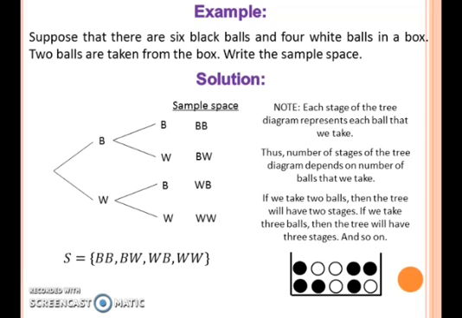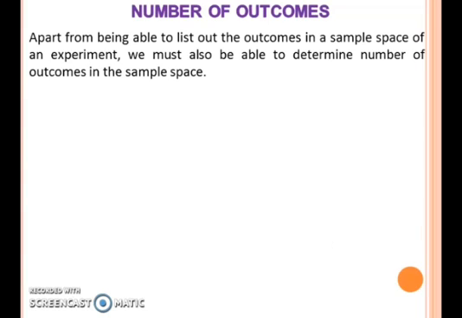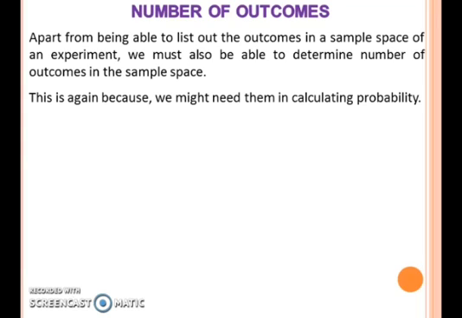Apart from being able to list out the outcomes in a sample space of an experiment, we must also be able to determine number of outcomes in the sample space. This is again because we might need them in calculating probability. The process of determining number of outcomes is called counting.